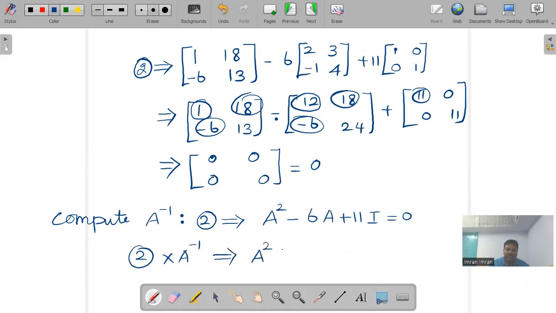So A square into A inverse minus 6A into A inverse plus 11I into A inverse is equal to 0. This becomes A minus 6I plus 11 A inverse equal to 0. We keep A inverse on the left hand side, and all the other terms go to the right hand side.